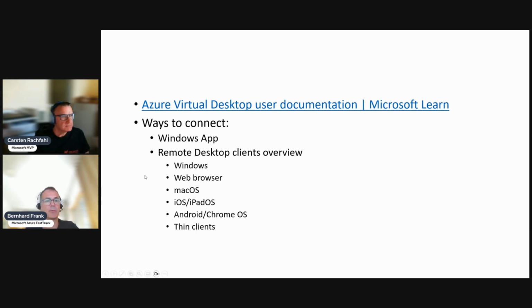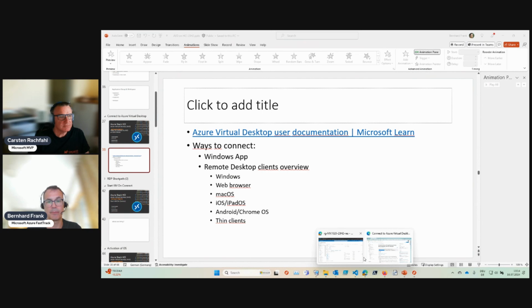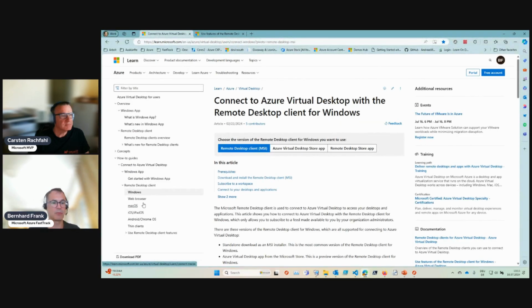Maybe let's go to the official documentation and see where that is. Let me try to navigate you a little bit through, because if you use your search engine and type in AVD connect and then the site Microsoft.com, you would probably end up here.